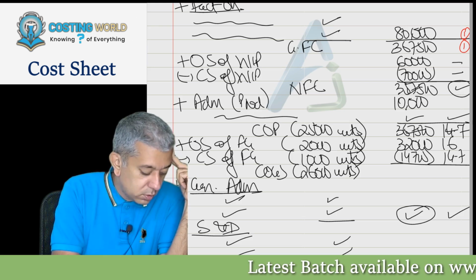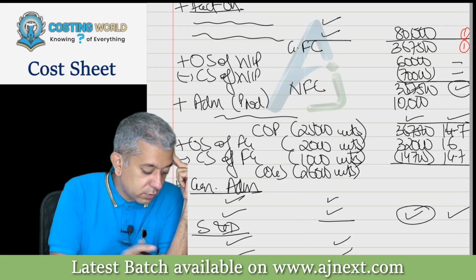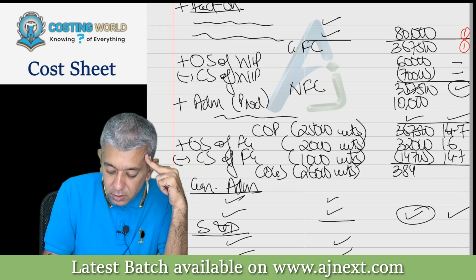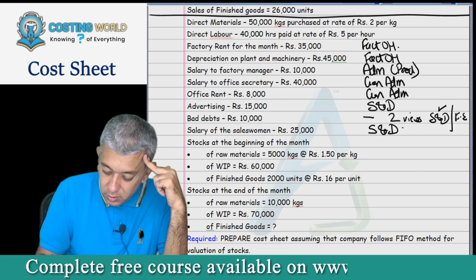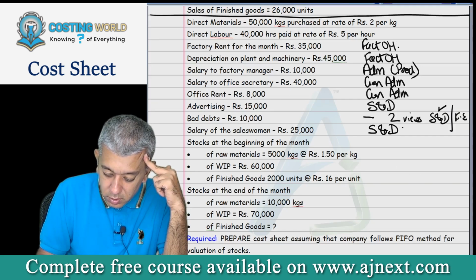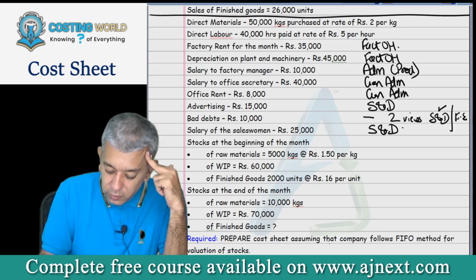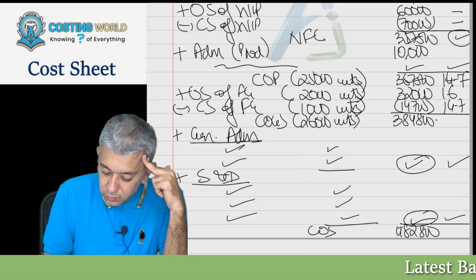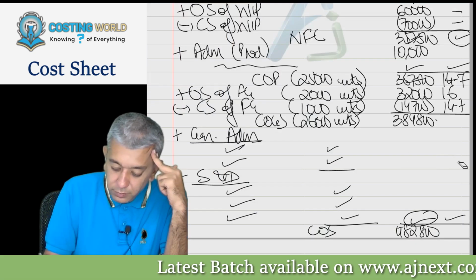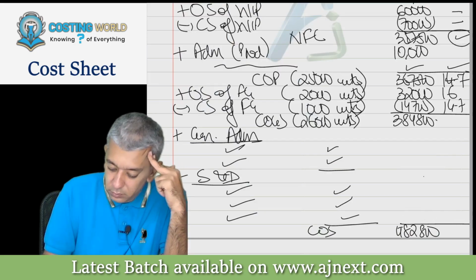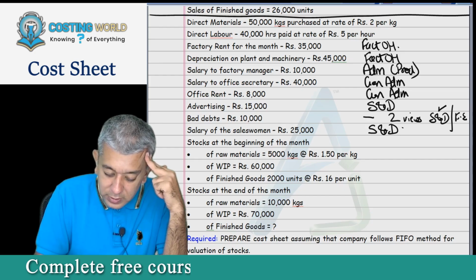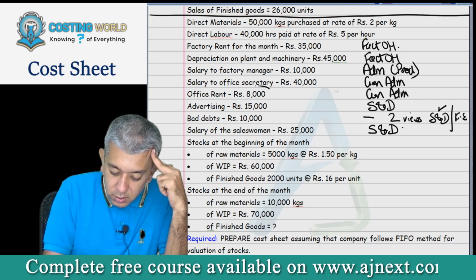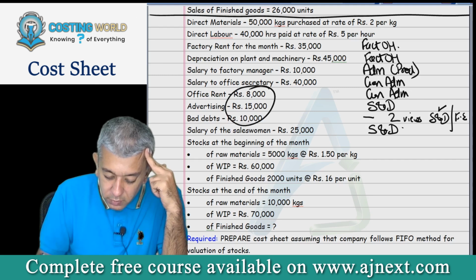367,500 plus 32,000 less 14,700, 384,800. Then general admin 48,000. Then S&D, sorry, your S&D 33,000.